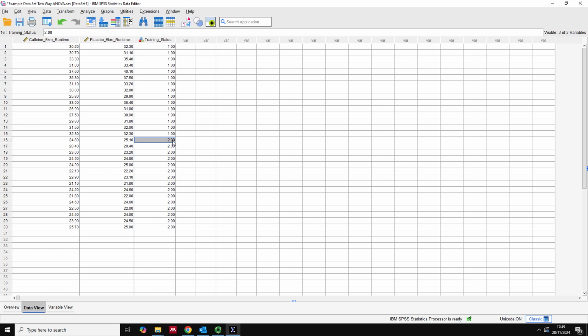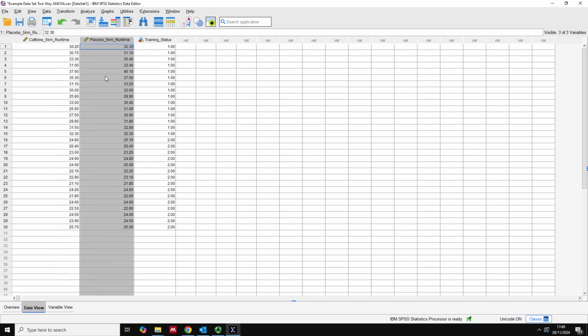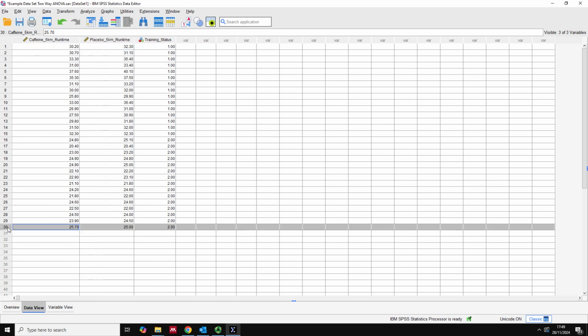And this is really the crux of why we would use an ANOVA type of analysis, because we've got 2 different factors here. We've got our within subjects factor, which essentially means that all participants undertook all trials. So all 30 participants that we have here underwent the caffeine trial and the placebo trial.